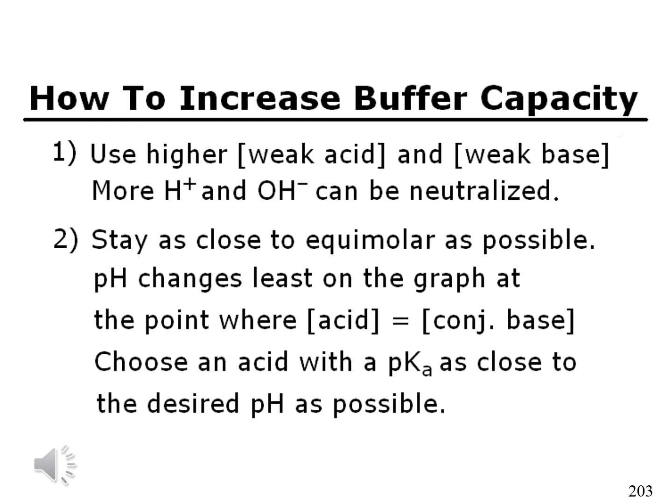So you try to maximize it based on your experiment, and the same with the pKa requirement. Maybe, for example, you're culturing cells, but the acid that would be closest to the pH you want is actually toxic. Well, you can't put toxic stuff on your cells. So it has to be based on the requirements of the system that you're doing. But this is the general guidelines for trying to make a buffer better.